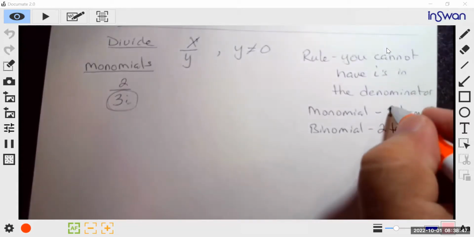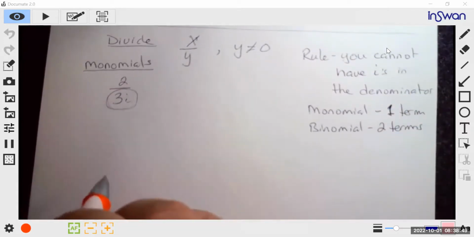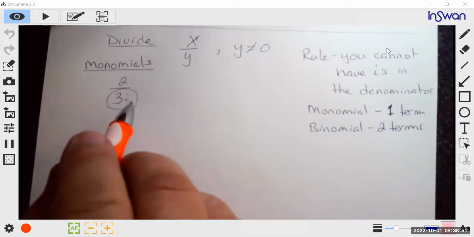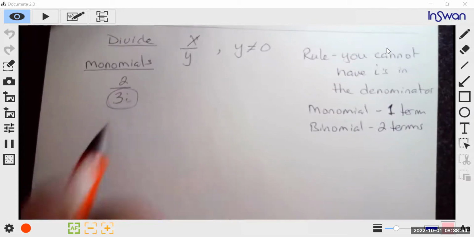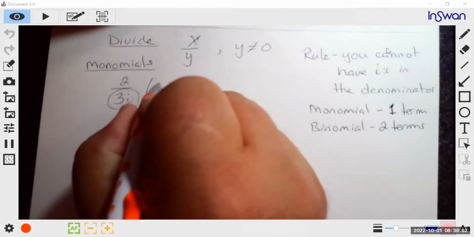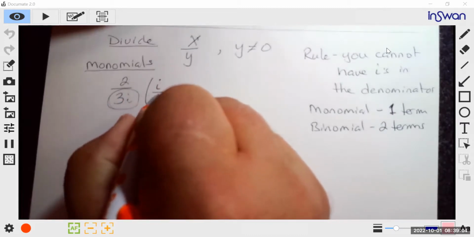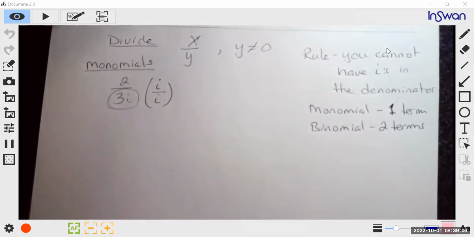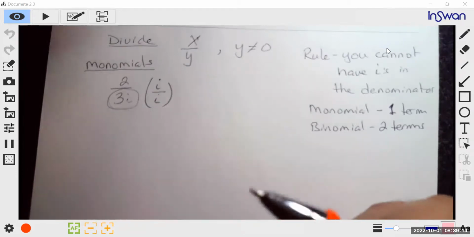So this has only 1 term in it. If you have imaginary on the bottom, and it's a monomial, then you have to multiply the top and bottom by i. Because i over i is the same thing as 1.